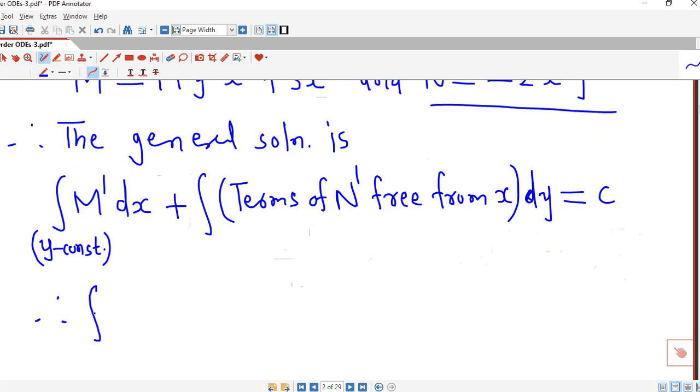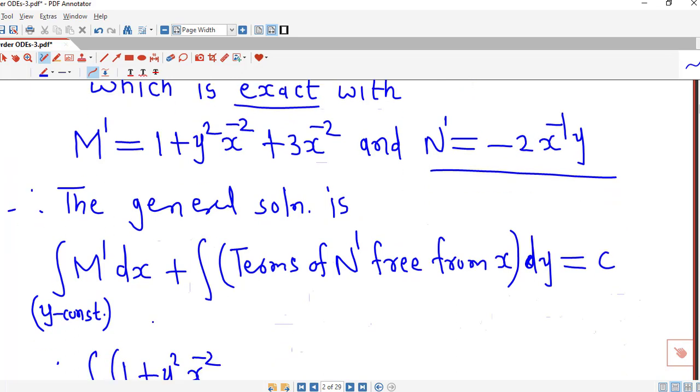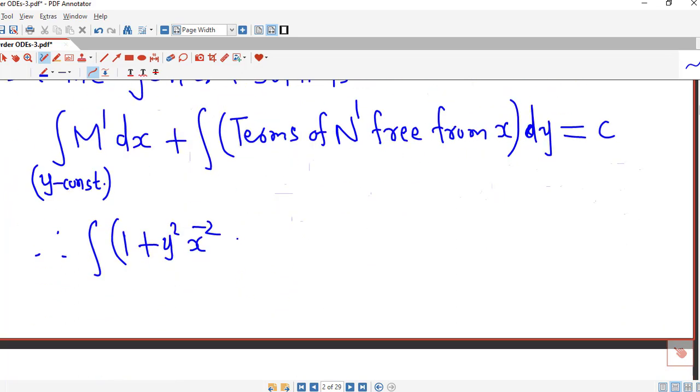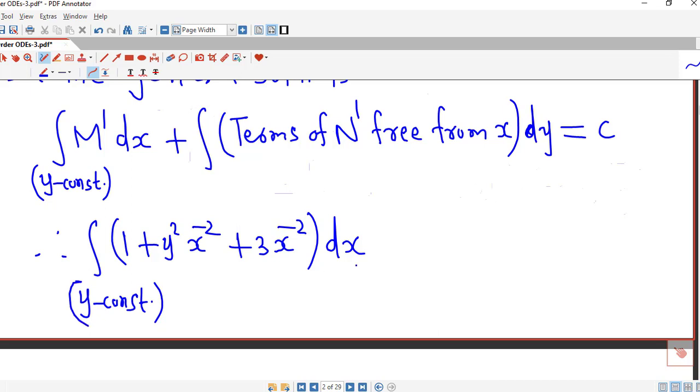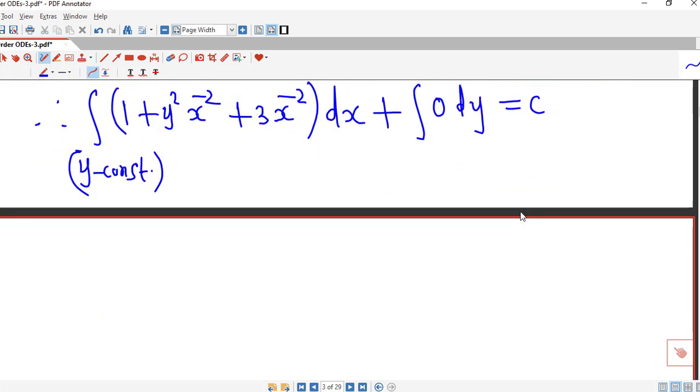So m dash is 1 plus y square x raised to minus 2 plus 3x raised to minus 2. We integrate with respect to x considering y as constant, and there is no term in n dash which does not contain x, so we write 0 here, equal to c.